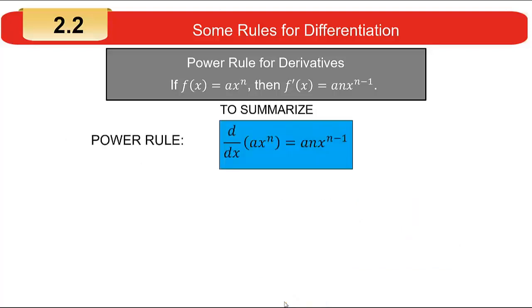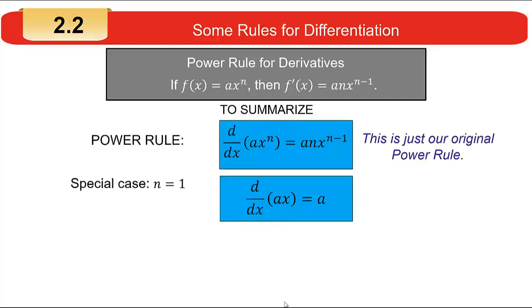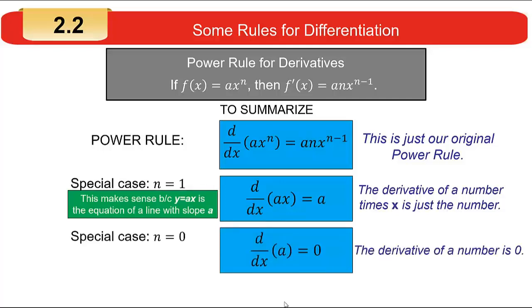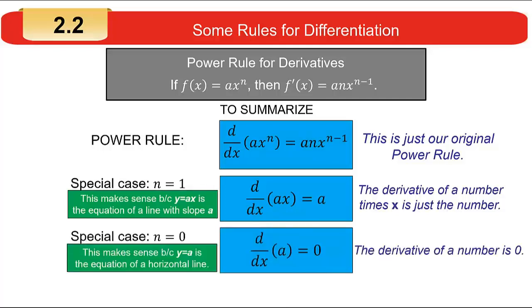So to summarize what we've done so far, you've got the power rule, and then you've got those two special cases. So this is a good thing to focus on to make sure you understand what we've done so far in this discussion.